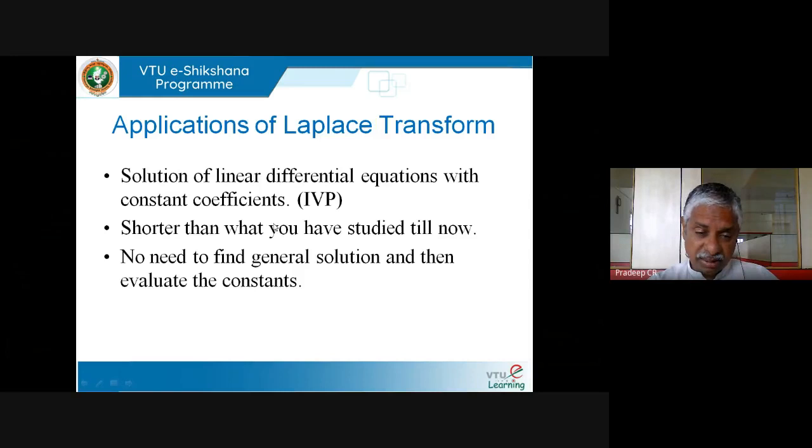The advantage is that these are very short methods. That was the purpose of Laplace. In fact, I'm tempted to digress a bit and tell you something about the history of this Laplace transform. It was not Laplace who found this Laplace transform. Laplace was the one who popularized this.